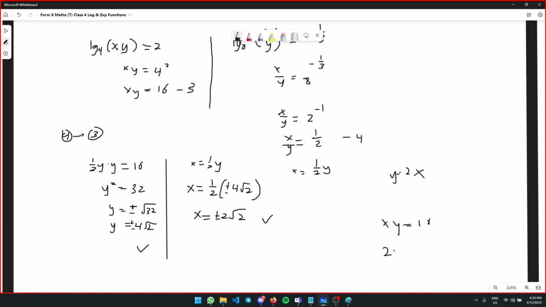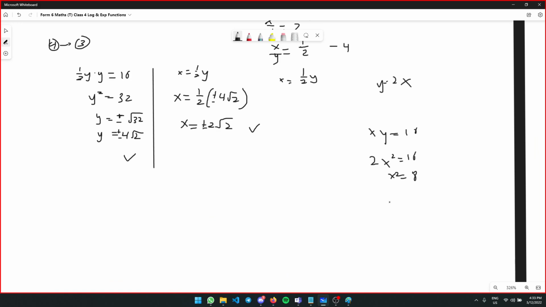If you put y equals 2x, that's 2x squared equals 16. So that's x squared equals 8. I think you should get the same answer. The square root of 8 is also plus minus 2 root 2. Oh, okay, because I was looking at 4 root 2. Okay, that's why x is 2 root 2.